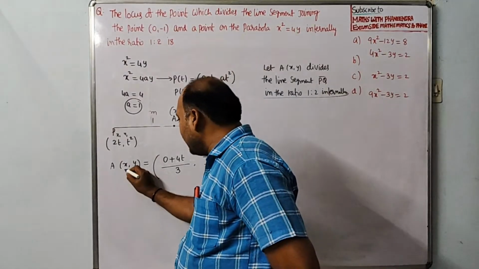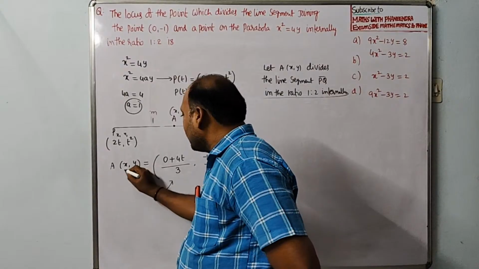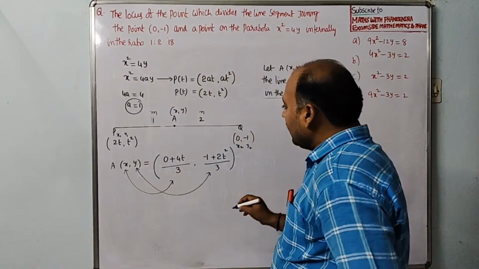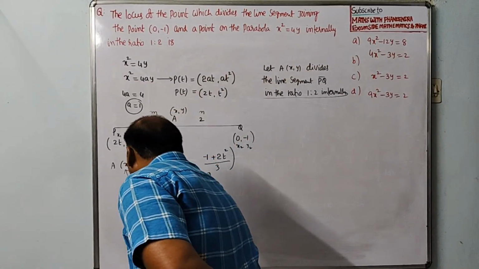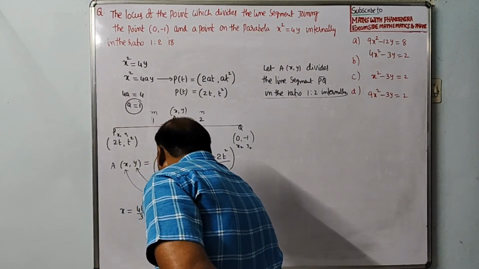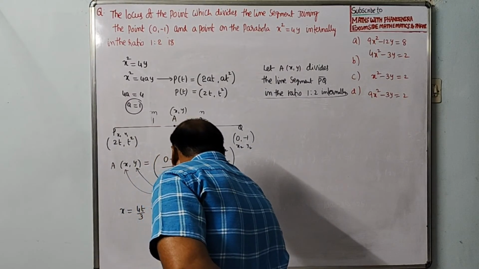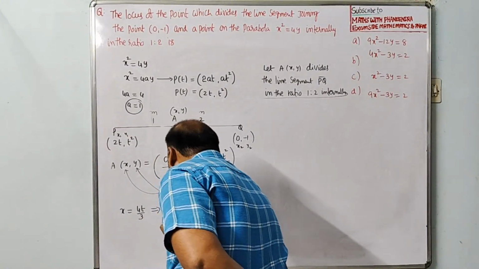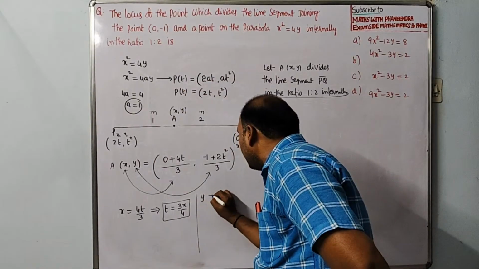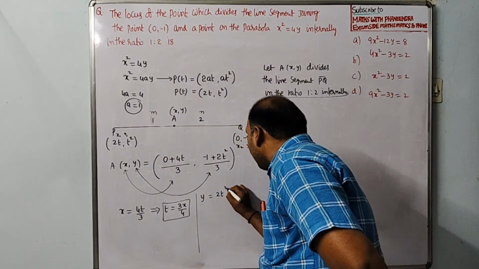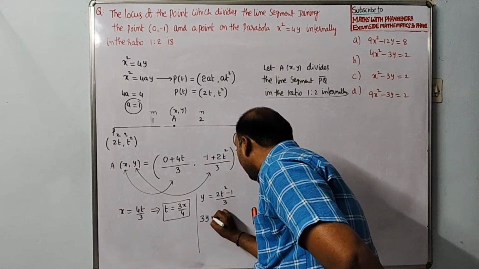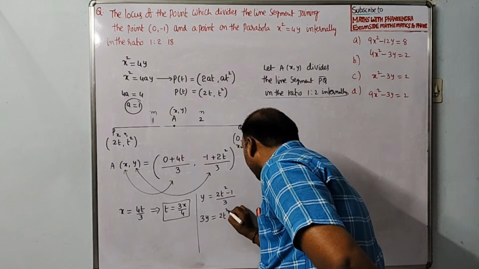So comparing x coordinates and comparing y coordinates, you will get x is equal to 4t divided by 3, that implies t is equal to 3x by 4. We make t the subject, t is a parameter. Next, comparing y coordinates, y is equal to (2t square minus 1) divided by 3, cross multiply. So 3y is equal to 2t square minus 1.